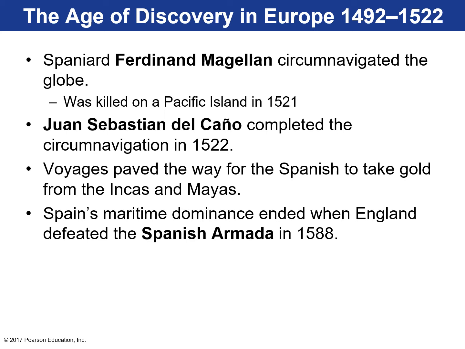And 1 ship made it back to Spain, and it had 18 sailors. So what are the odds of surviving that journey? Pretty bad, right? Then Juan Sebastián de Elcano completed the circumnavigation in 1522.